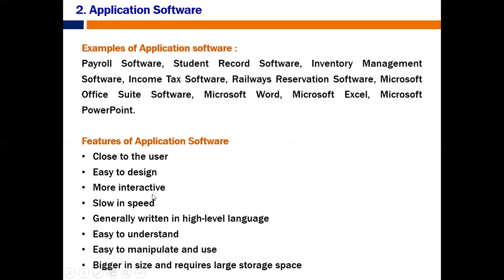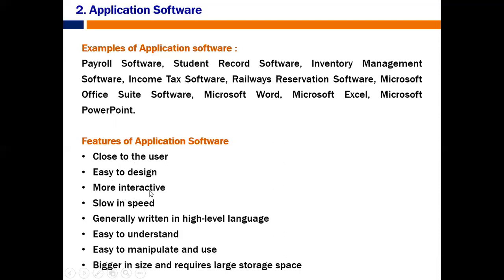Some of the examples of application software are payroll software, student record software, inventory management, and just to be very, very simple, we have Microsoft Word or Excel or PowerPoint. The features of application software: it is very close to the user, very easy to design, more interactive.